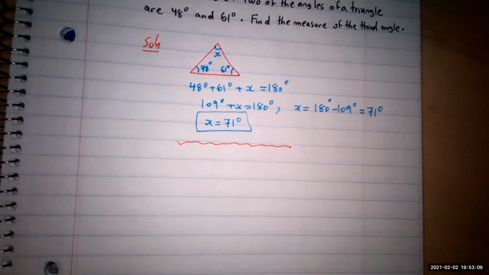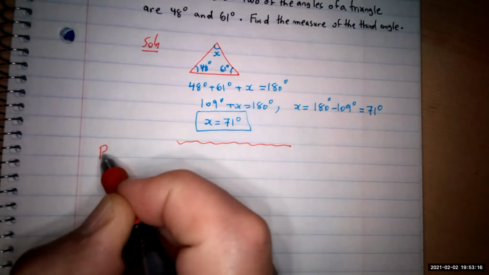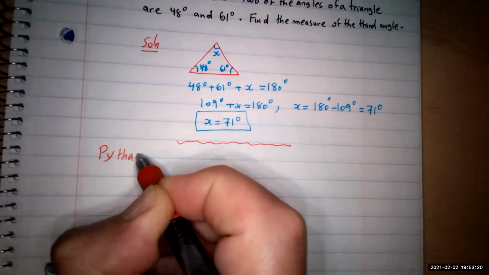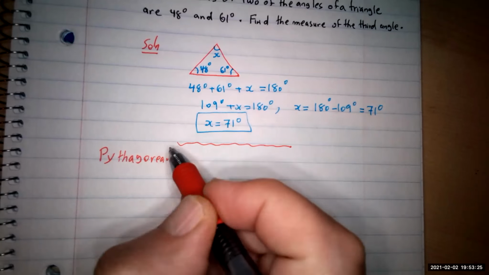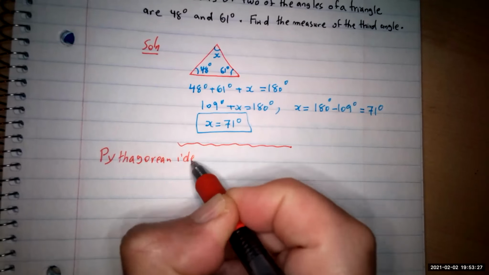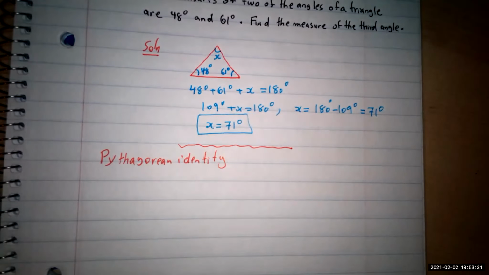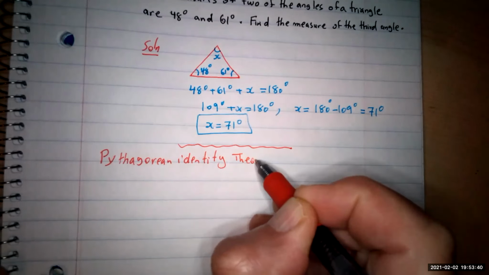So this is it, the famous Pythagorean identity, or identity theorem. We are going to use it almost in every problem that we are going to have. If you like, a theorem.